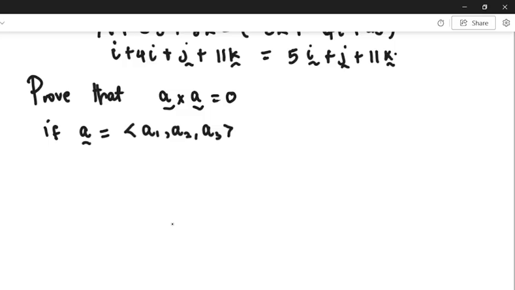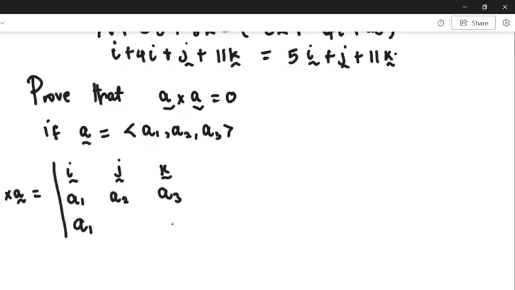So we're going to write it down. We're going to have A cross A. We have i, j, and k. So we have A1, A2, A3, then A1, A2, A3, because it's A by A.